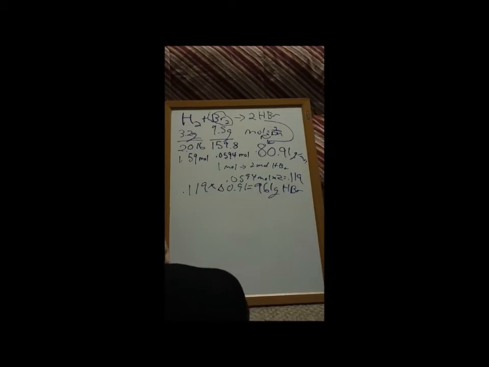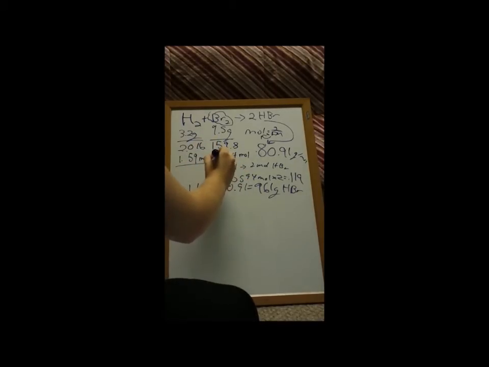Then for part D, it says how many grams of excess reactant is left unreacted. So we know in the beginning that we had 1.59 moles of H2 and 0.0594 moles of Br2.